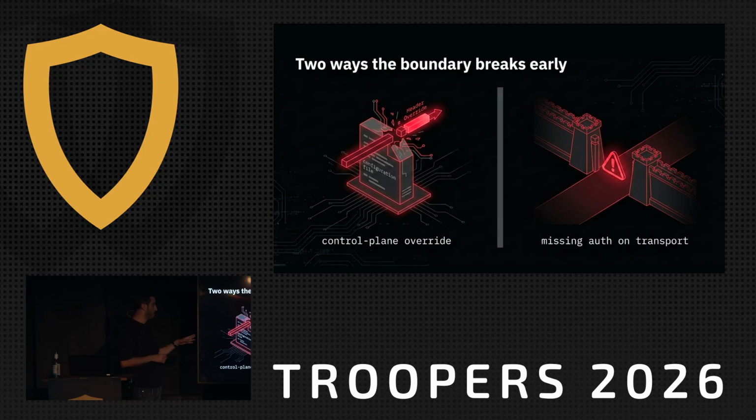The second option is that you have some kind of authentication mechanism, but the way it's implemented isn't airtight, and you can find ways around it and override a lot of the security mechanisms in place, and then you get basically the same result.